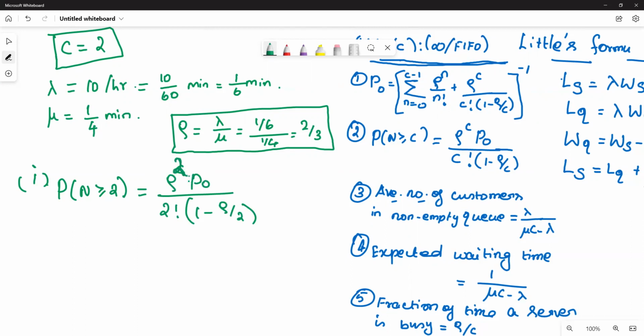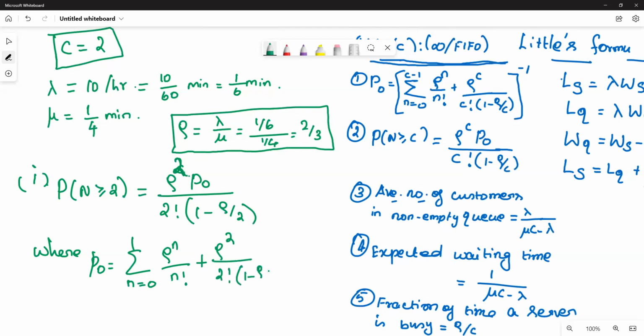For this, we have to calculate P naught first. P naught is the summation n is equal to 0 to C minus 1, that is 0 to 1 here, of (rho^n)/n! plus (rho^C)/(C! (1 minus rho by C)), the whole inverse.